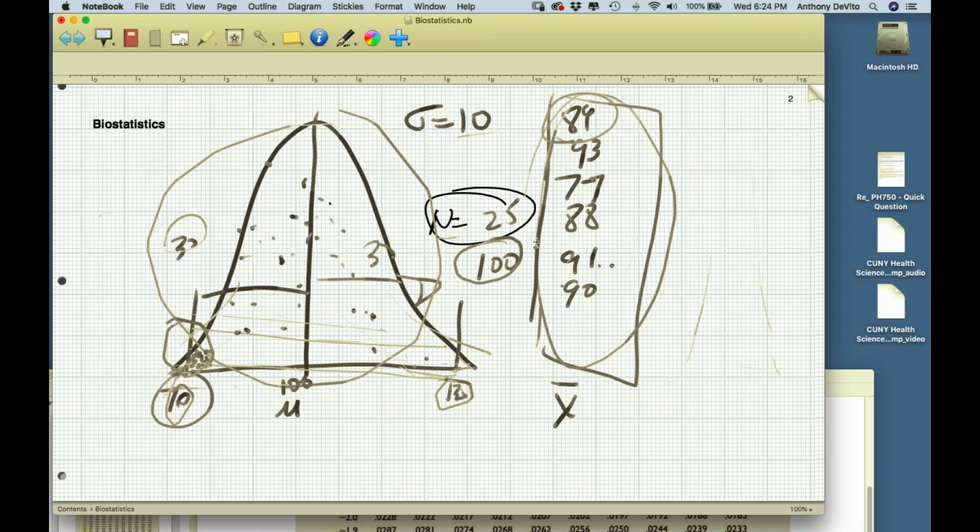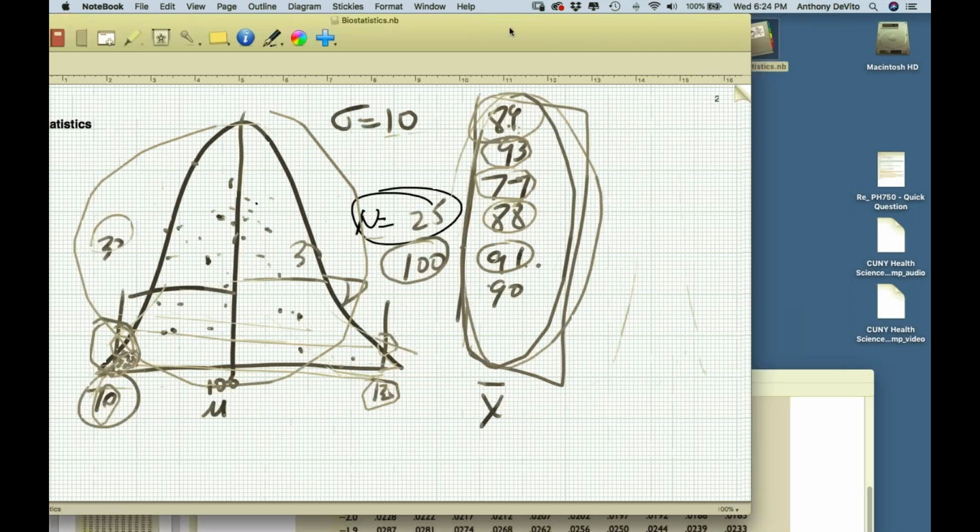Remember that each one of these is a random sample of 25 people from this distribution and the average of that sample, and then another average of 25 people, another average of 25 people. So these numbers are almost guaranteed to be closer to the mean than the individual blood pressures are.